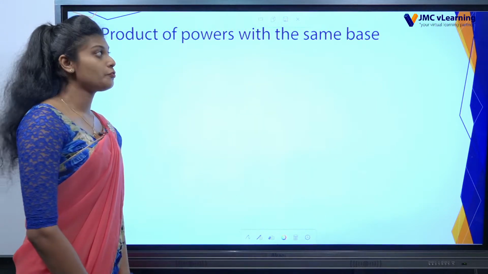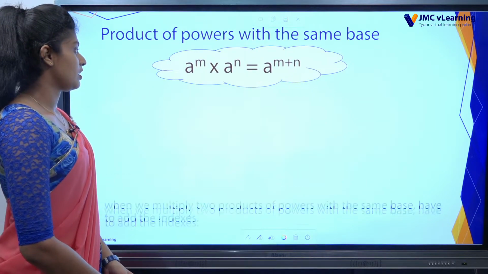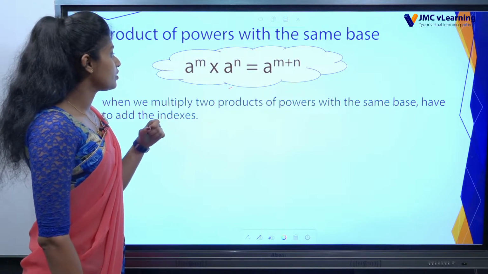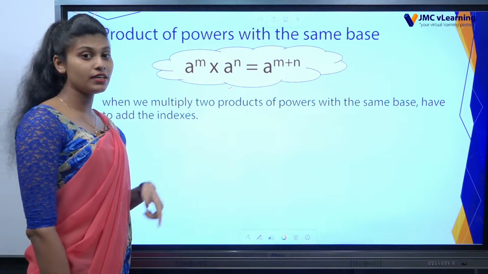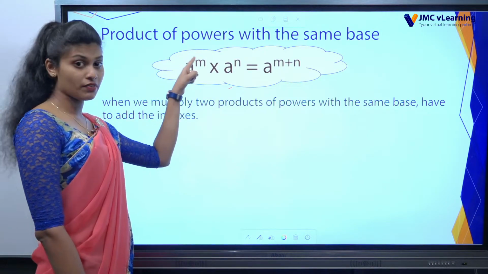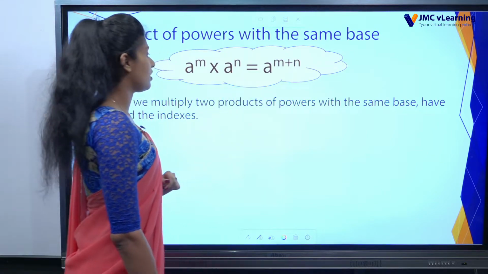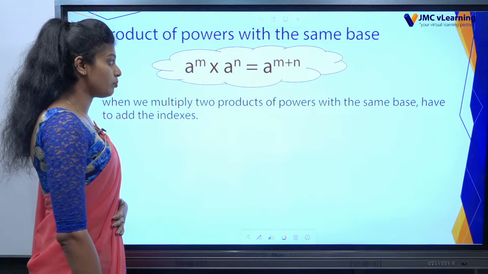Product of powers with the same base. Here a and a are the same base, then you have to multiply the powers. The powers are different from each other, a to the power m, a to the power n. The powers are different but the base is equal in both.